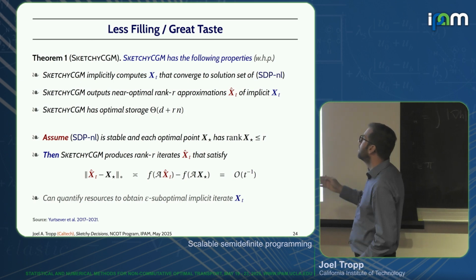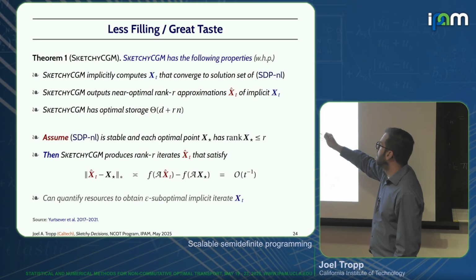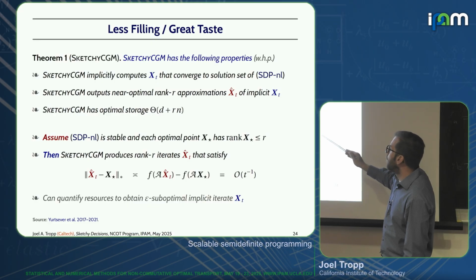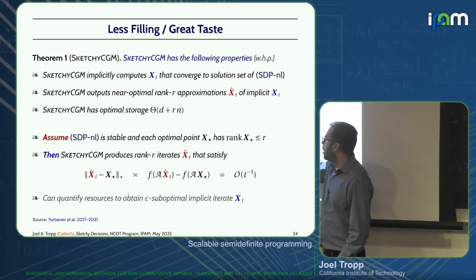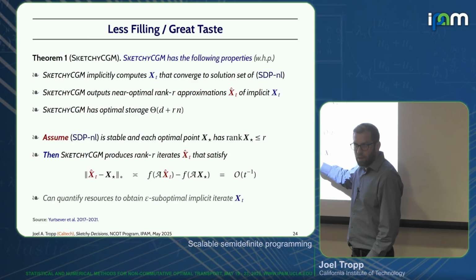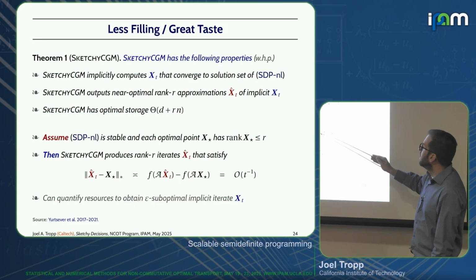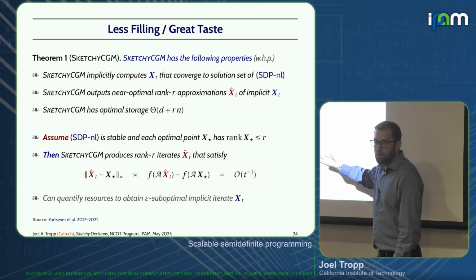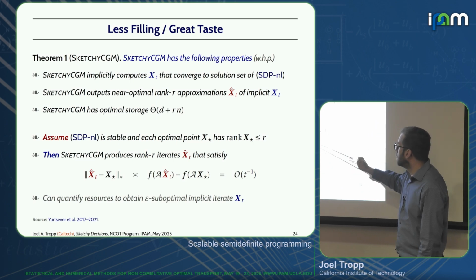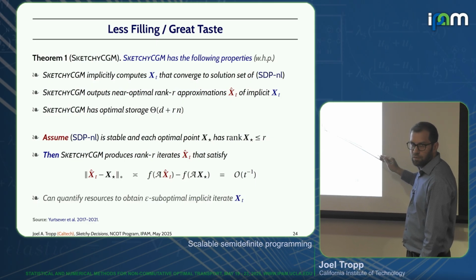And so for simplicity, if you assume that the SDP has some stability properties and at its optimal point has low rank, then the algorithm produces rank R iterates that approach the optimal solution to the SDP in trace norm. The objective values for our reported low rank iterates approach the objective value of the optimal, and they do so at a rate of 1 over t.